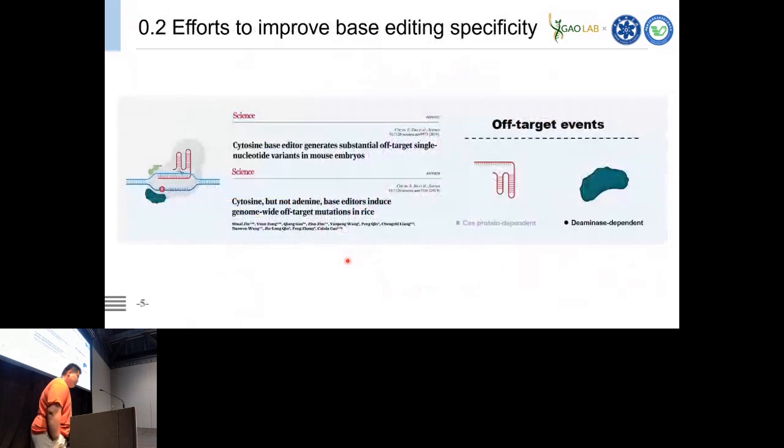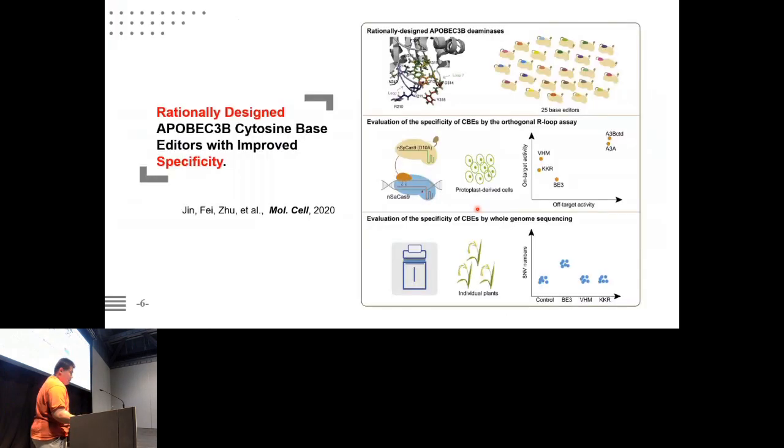Back in 2019, our lab and also Hui Yang's group independently discovered that base editors can cause unexpected off-target edits. It's the deaminase, not the guide RNA, that drives these edits. This finding motivated us early on to start developing more precise base editors by improving the deaminase itself.